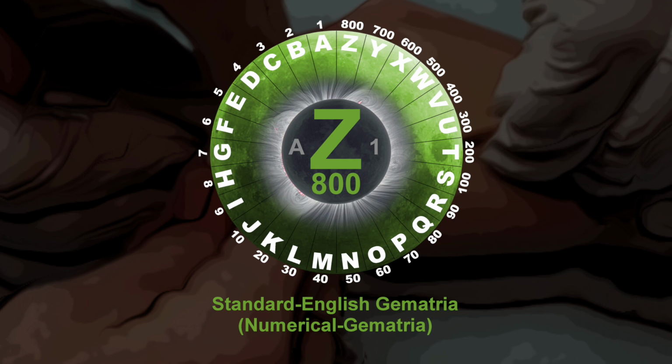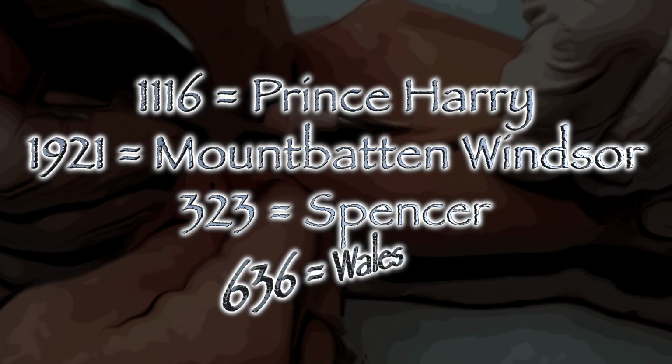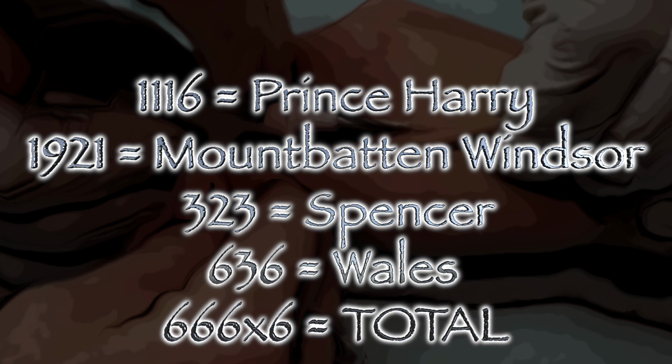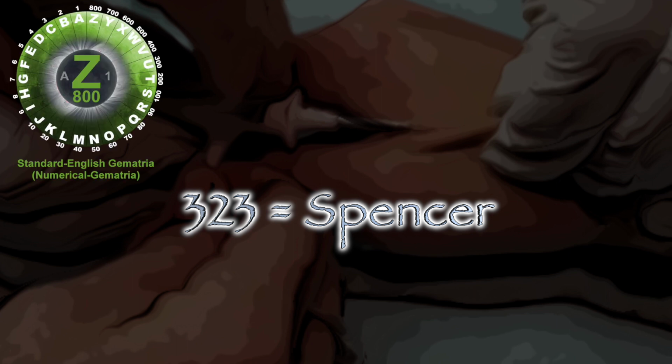And using standard English Gematria or numerical Gematria, Prince Harry Mountbatten Windsor Spencer Wales equals 3,996, which has the factors 666 times 6. It should be noted that the numerical value for Spencer is 323, using standard English Gematria.